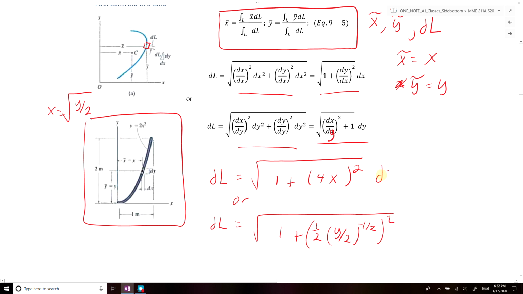Alright. So this equation is much easier to integrate. So we're going to use that differential element.